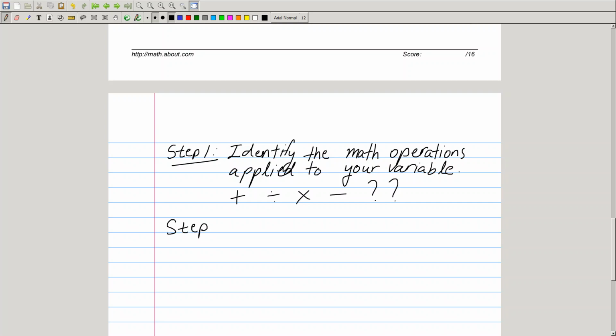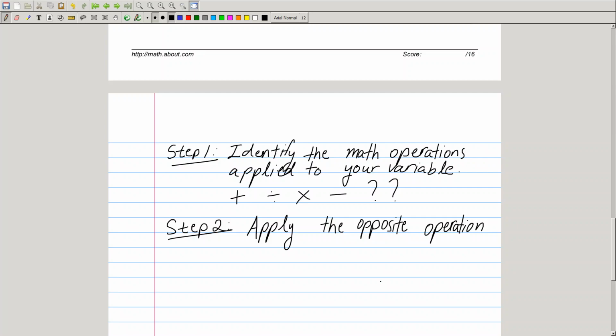Step two: you're going to apply the opposite operation. So you're going to note what operation is being done. Let's say you have x plus a number equals 5. Instead of adding, you're going to do the opposite of adding, which is subtracting.